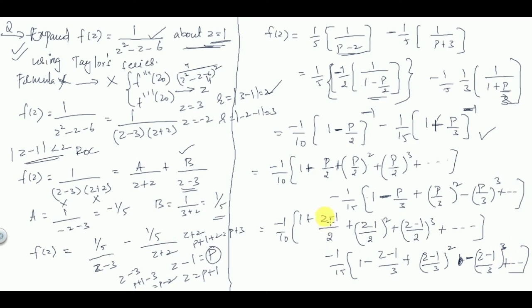If you observe, you are getting the series about z equal to 1 only. This is how we can solve any problem using Taylor series expansion. Two methods: one is directly using the formula, the second is using binomial expansion and taking the partial fractions.